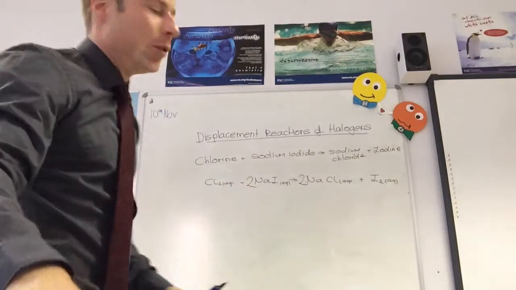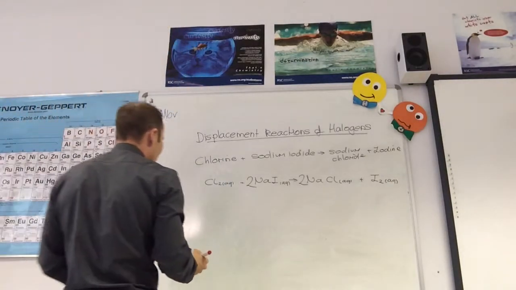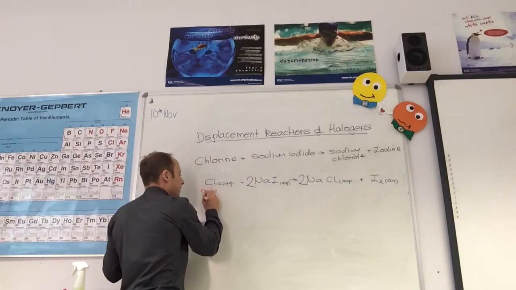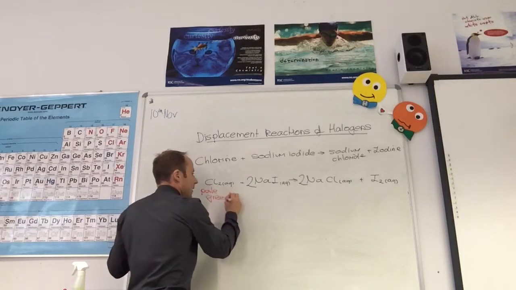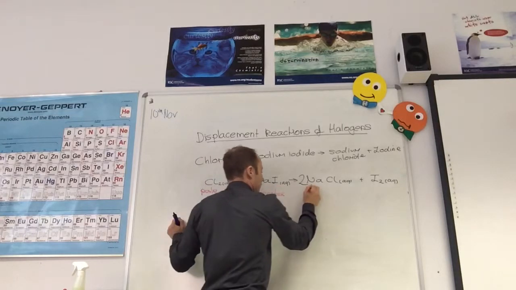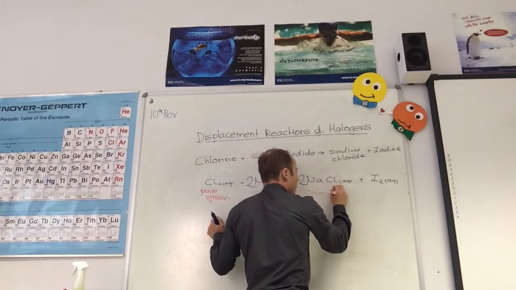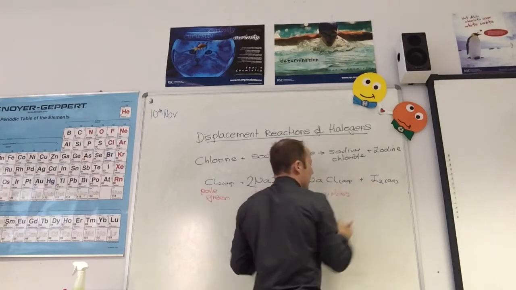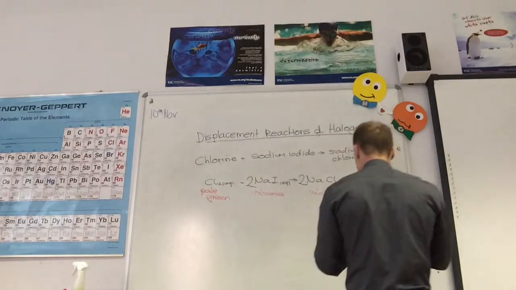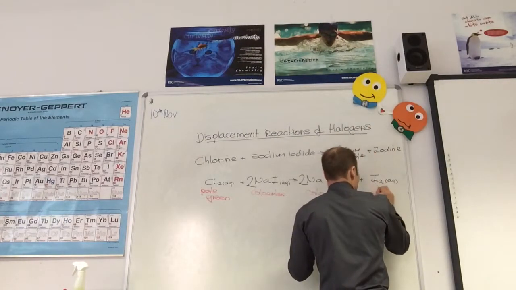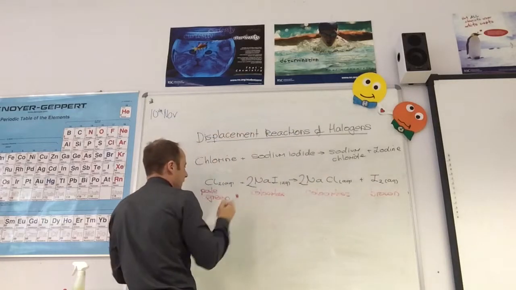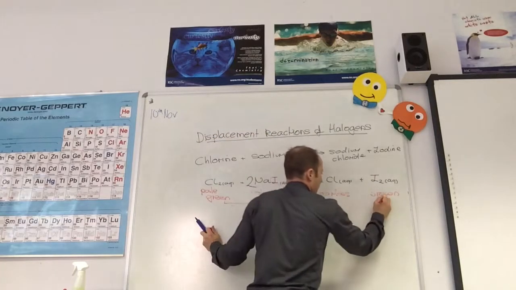Chlorine we said was pale green. These two are going to be colourless again. What colour is iodine in water? It's a brown colour, so it's going to go brown. So my colour change in this example would be from pale green to brown.